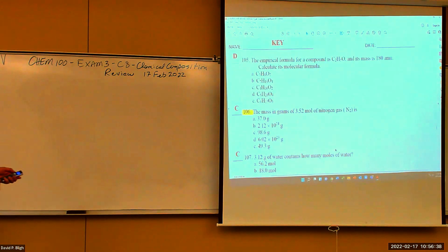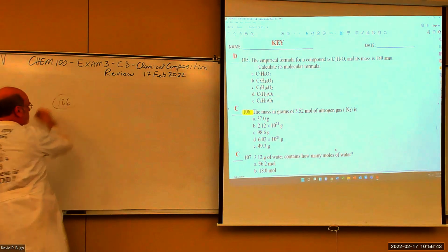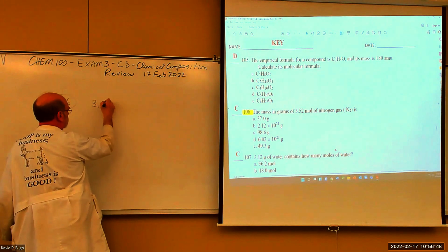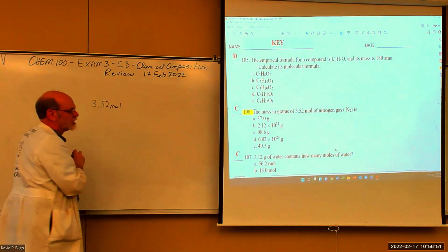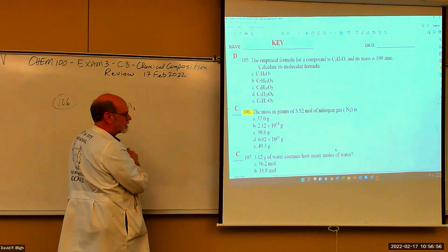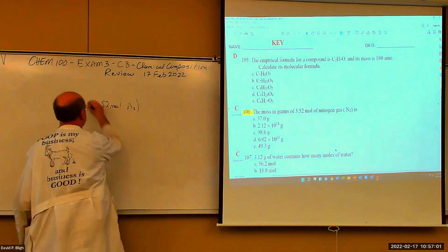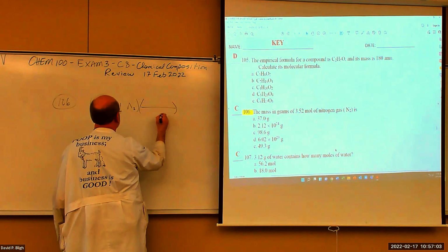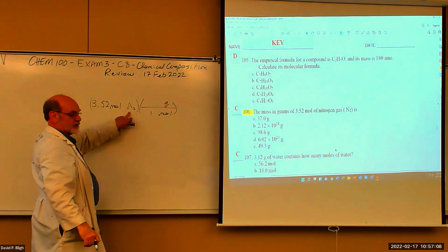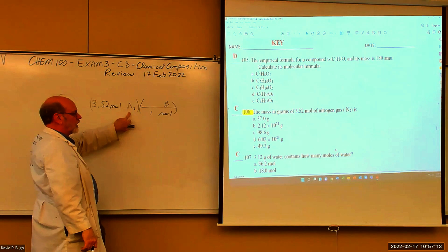All righty. 106. Down to the wire. The mass in grams of 3.52 moles of nitrogen gas. What mass is that many moles? So we need moles here, grams here, and 1 mole of nitrogen atoms is 14.01.